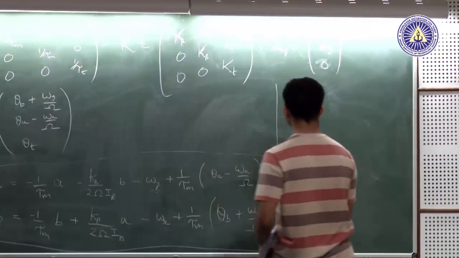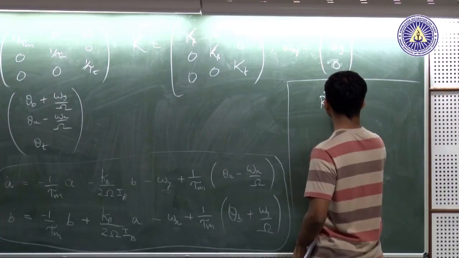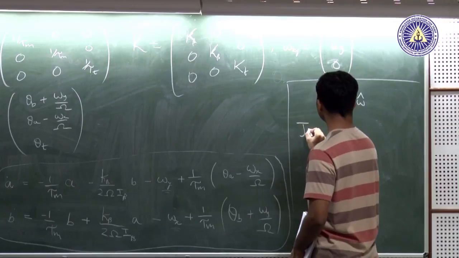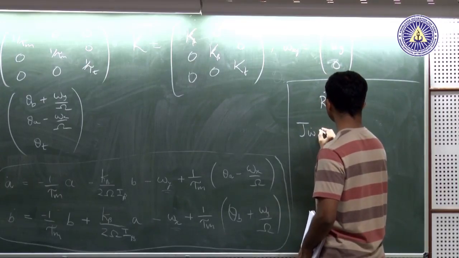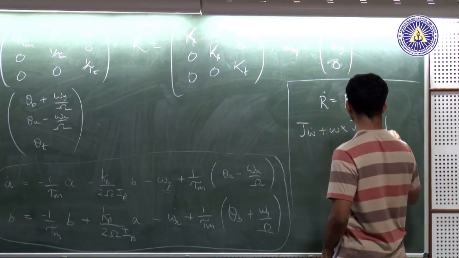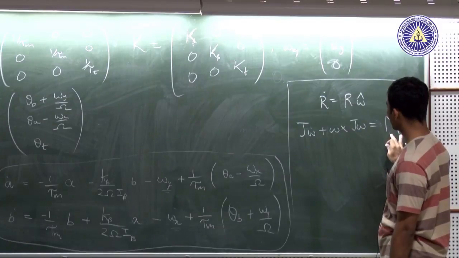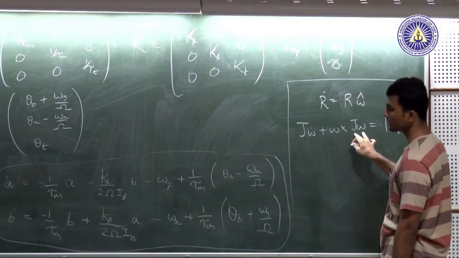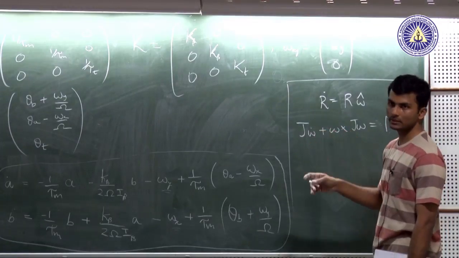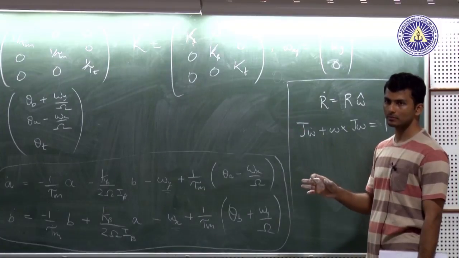So the kinematics would be R dot is R omega hat, and J omega dot plus omega cross J omega is M. M is the moment acting on the fuselage, omega is the angular velocity of the fuselage, and R is the rotation matrix representing the orientation of the fuselage with respect to an inertial frame.